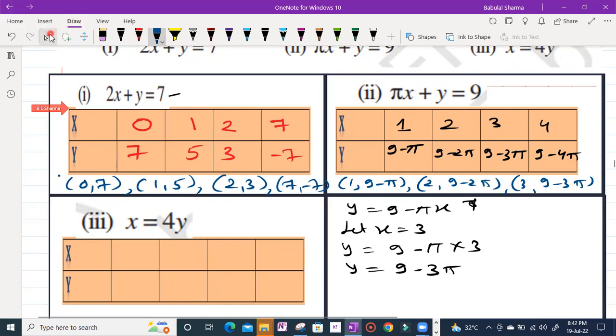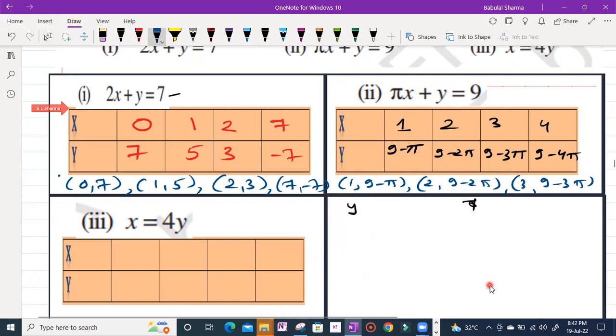And fourth solution you can write 4, 9 minus 4 pi. ये we can find out infinitely many solution, endless solution हम find out कर सकते हैं, right? Okay.